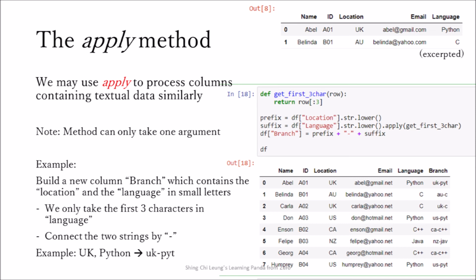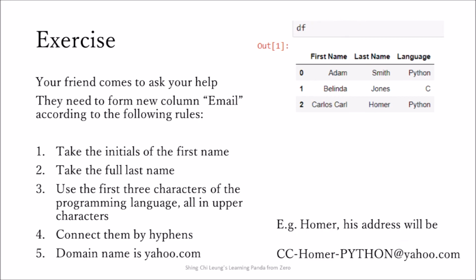Now let's exercise and see if you have grasped these important concepts well. This time your friend has a challenging task and does not know how to tackle it. Can you help your friend? This time your friend's company wants to build the email address automatically for all staffs. The email address is derived from the following rules.